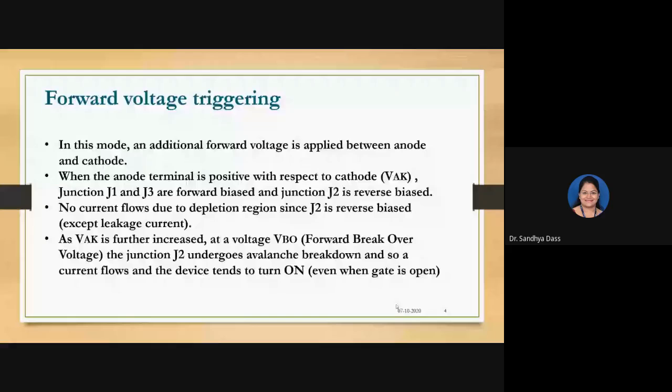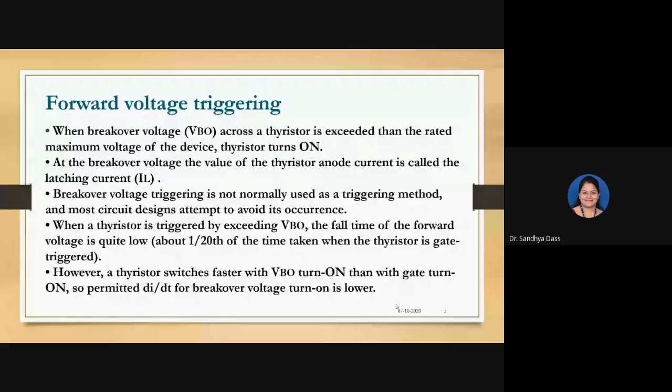Some points to remember here, which we are already familiar with, just to underline the things. When the supply voltage reaches the breakover voltage or more, the SCR turns on.